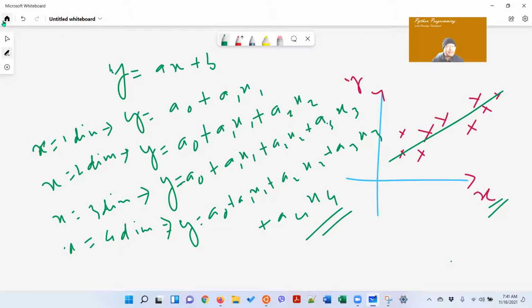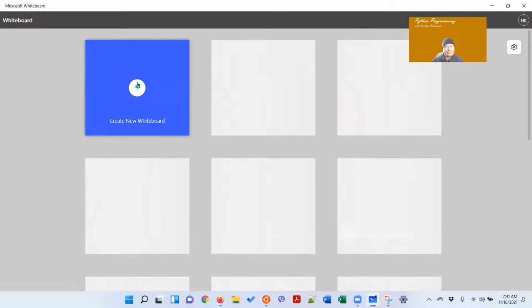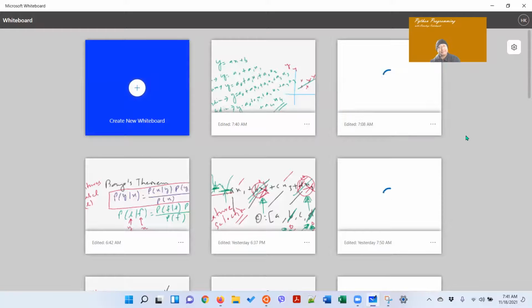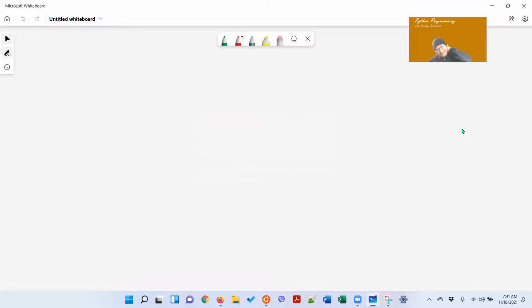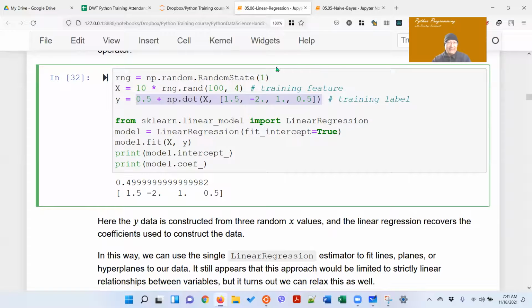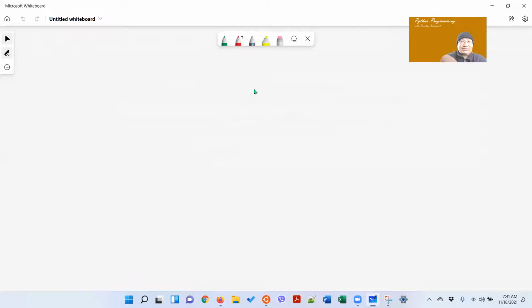Let me create a new one. Okay, so it's exactly here. So we have this x which is 100 by 4.